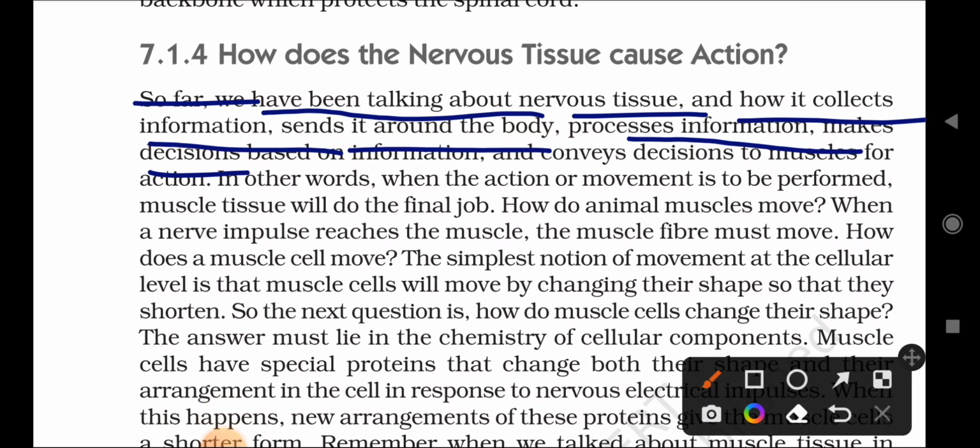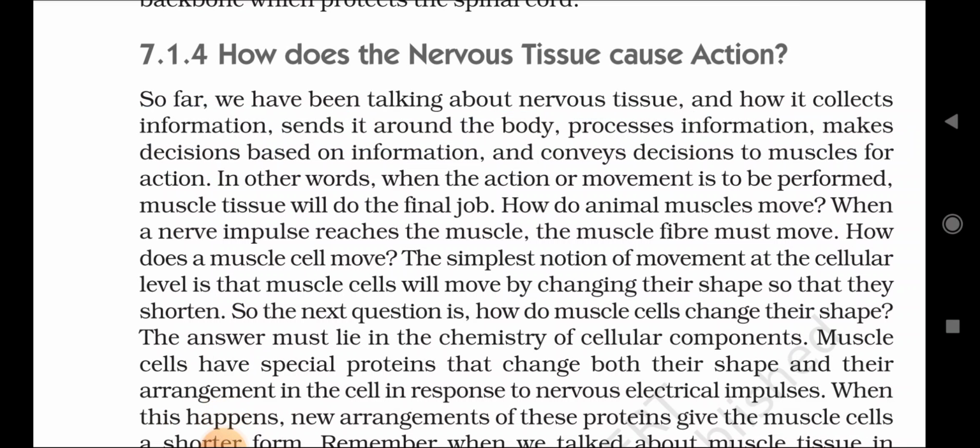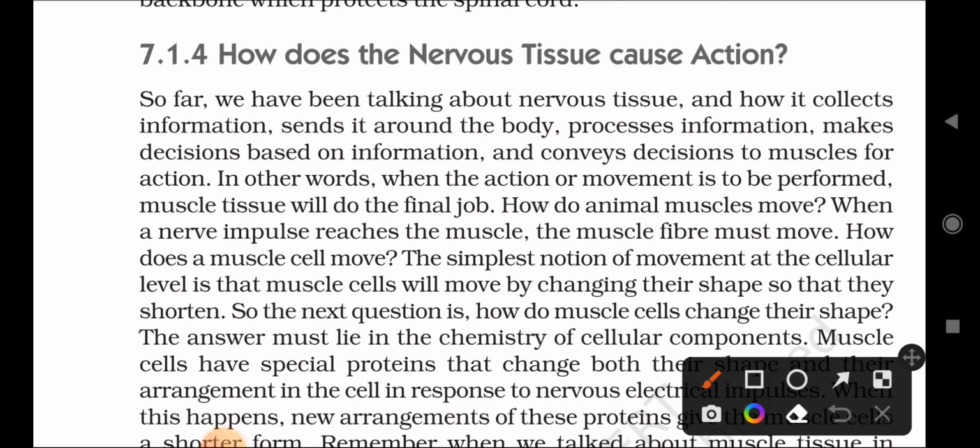In previous sections we discussed that our nervous tissue mainly means the brain.